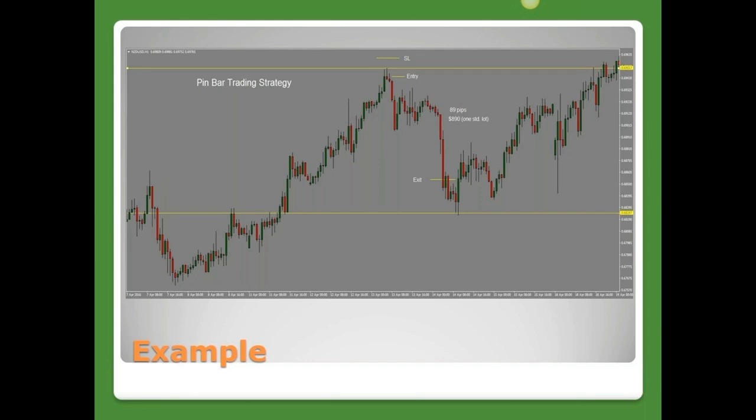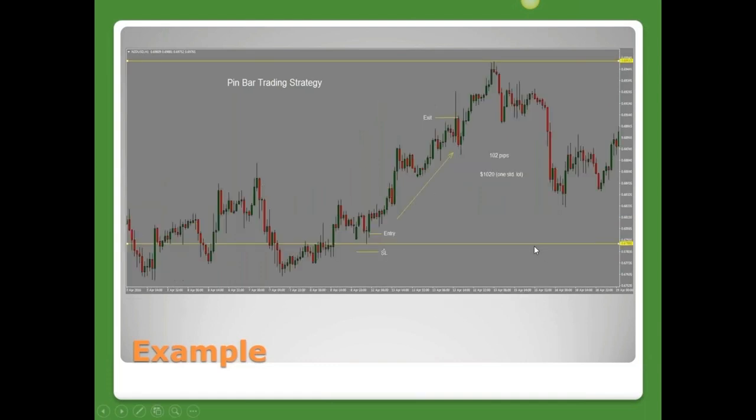The more confluence coming together, the higher the probability that the trade will work out in your favor. So whatever else you're using, if you see a pin bar setup with that, the more the merrier. Confluence is a great thing when trading. It just makes your trades more likely to work out in your favor.